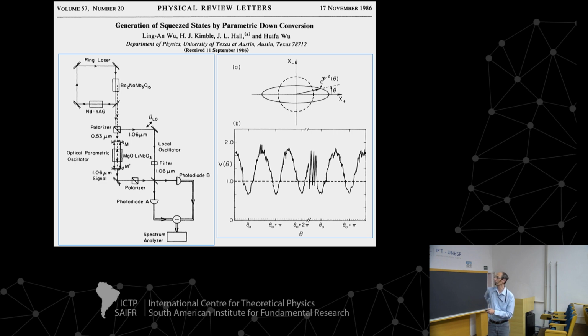So what you have here is a field with zero mean, okay? The field has zero mean, but you have energy there, it's fluctuating. When you measure the fluctuation here and you move the local oscillator, you see that the noise comes down and up as you move this. And this you're ramping up.